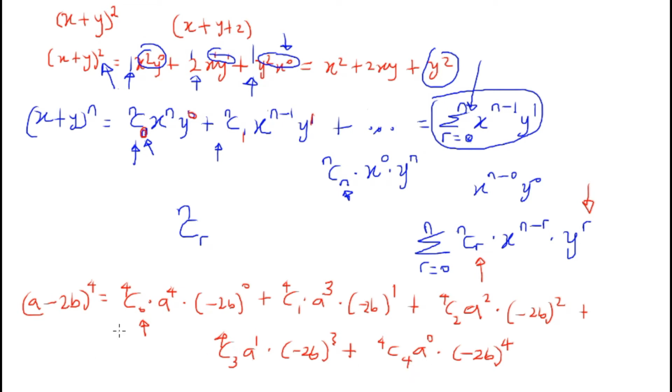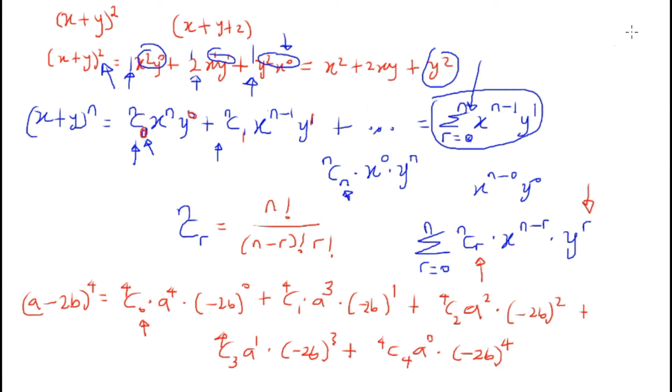Alright, so what is 4 combination 0? Notice that this expression is equal to n factorial upon n minus r factorial, then r factorial.